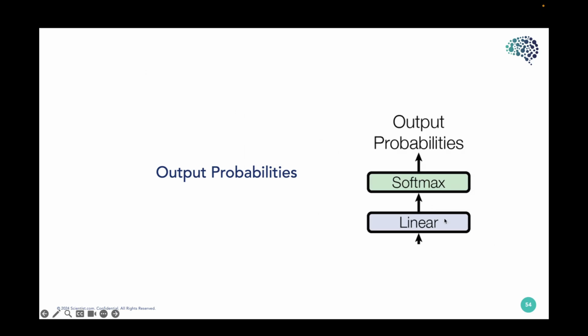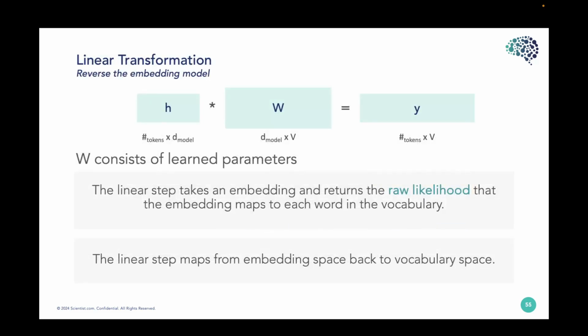That's what the linear step does. So we need to take this new point in meaning space, this vector that's been moved to a new place, and we need to convert it back into a word. And that's what the linear step does. So we go from a matrix that is 5 by 512, and we're going to multiply it by a weight matrix. These weights are learned by the transformer. That's going to be D model by vocabulary size.